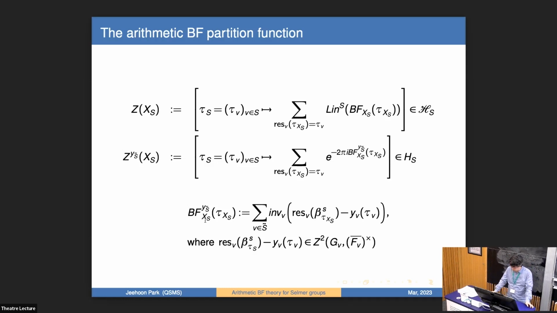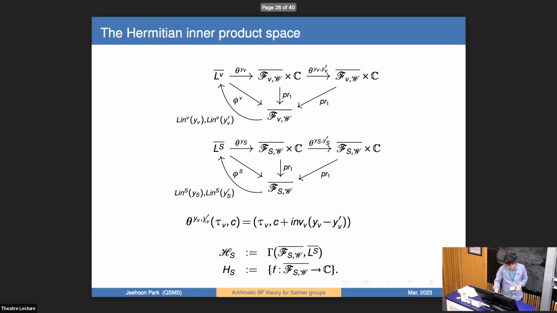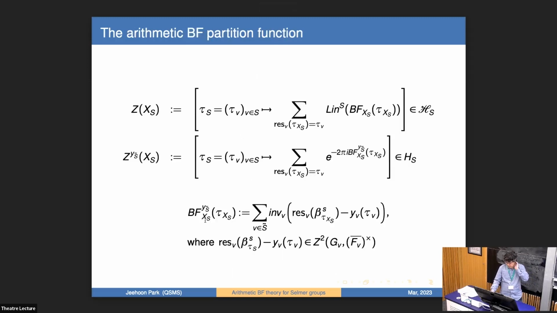That's the usual partition function business. Then you see that's actually in HS. Remember, HS is a line bundle. Given tau v's, you attach the element in the fiber. If you introduce a section, then this will be just a function from FSW bar. So then it has a nice form, e to the minus 2 pi i BF X S of YS tilde tau X S.